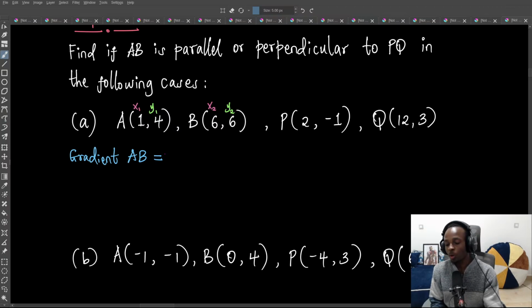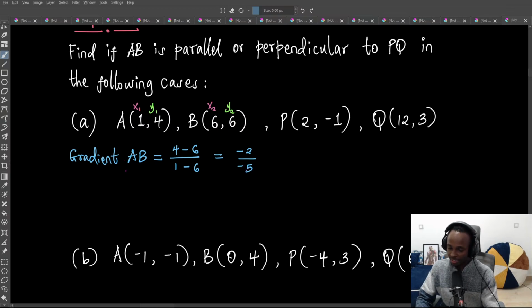So the gradient is the change in y over the change in x. The change in y will be y1 minus y2, so we just do 4 minus 6 over the change in x, which is x1 minus x2, which is 1 minus 6. So the gradient of AB will be 4 minus 6 giving negative 2 over 1 minus 6 giving negative 5. So the gradient of AB in this case is 2 over 5. Now, let's check the gradient of PQ.